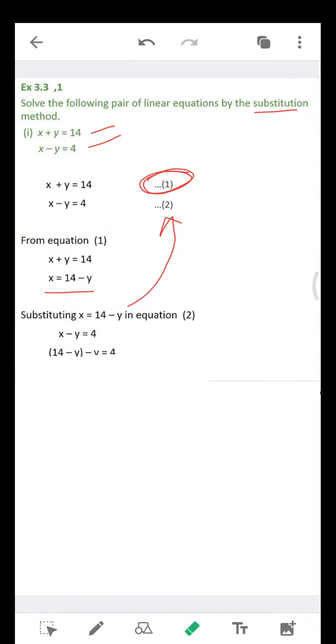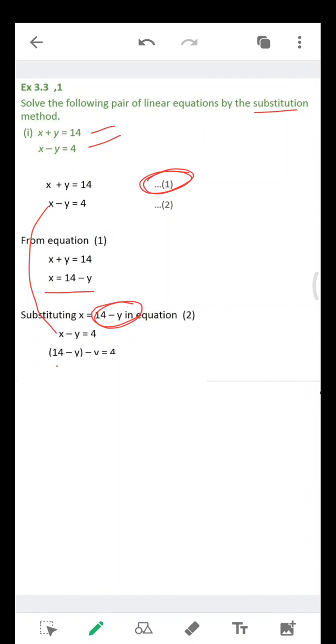Very simple. x minus y equals to 4. I have taken equation number 2 here, and in place of x I am writing 14 minus y, because x is 14 minus y.